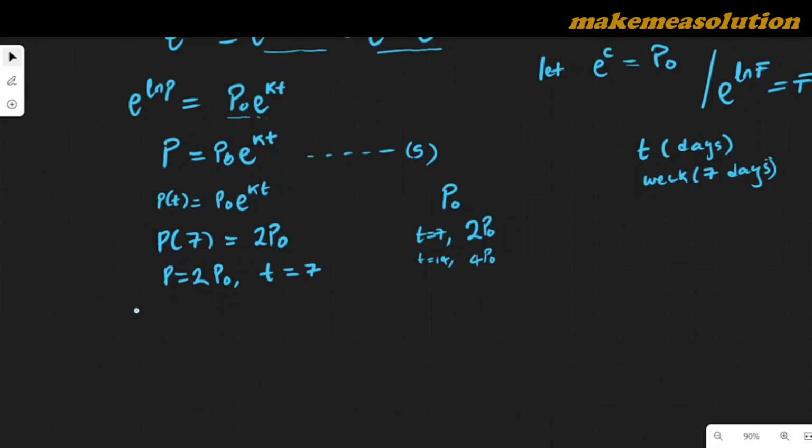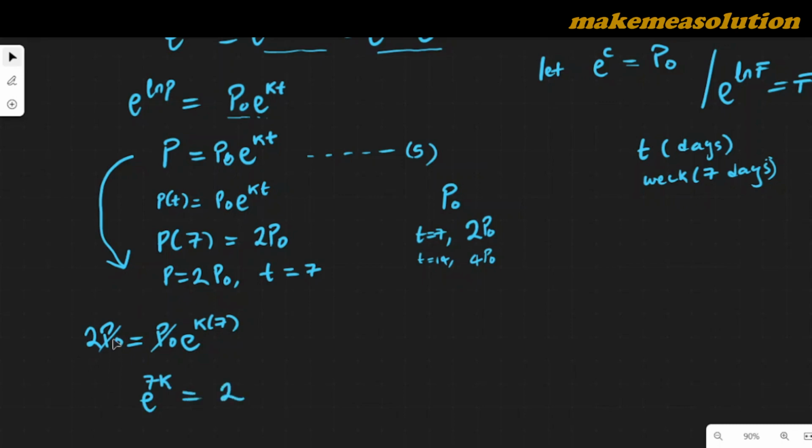That's in the ideal case. So if you solve this particular equation with these initial conditions, you get 2 P naught is equal to P naught exponential k multiplied by 7. P naught cancelling out P naught, you have exponential 7k is equal to 2.